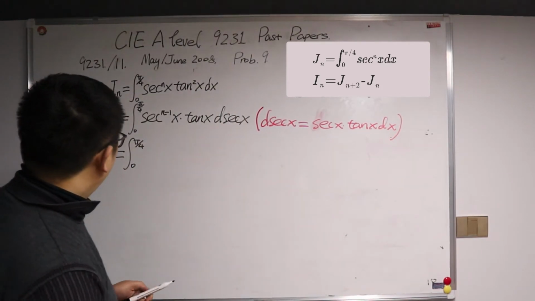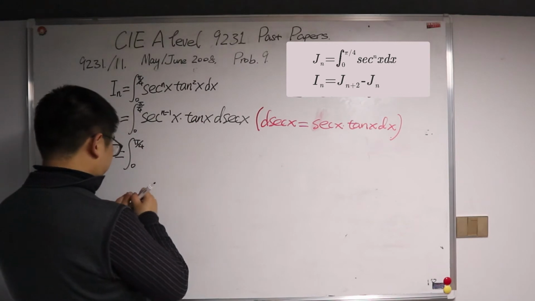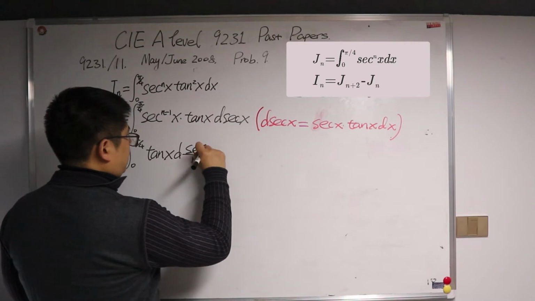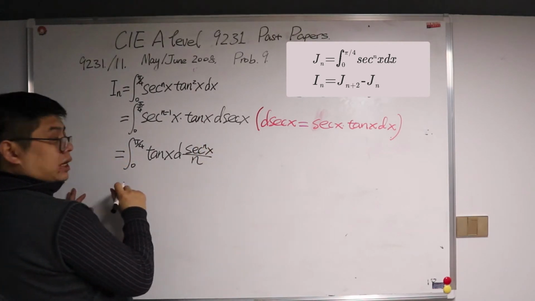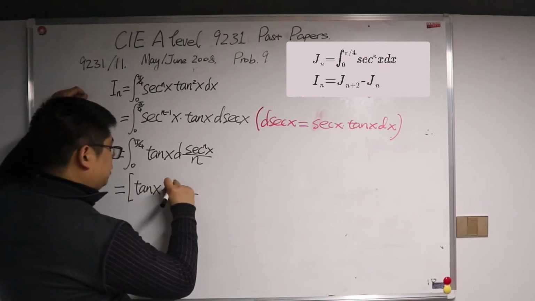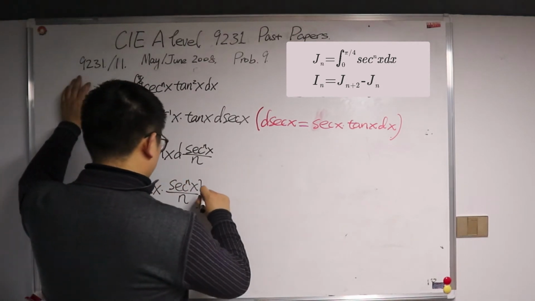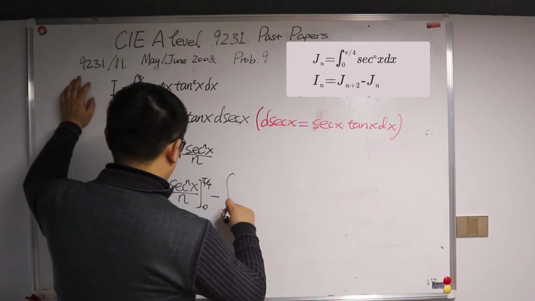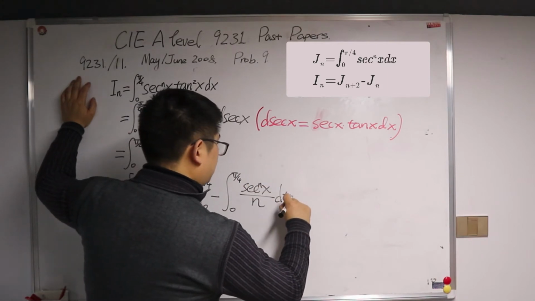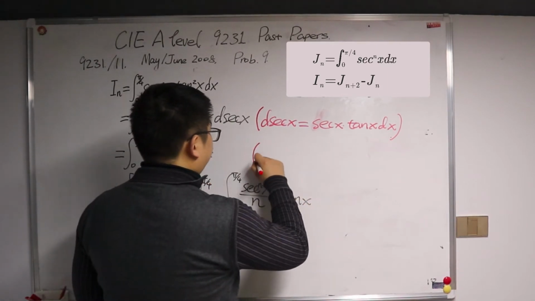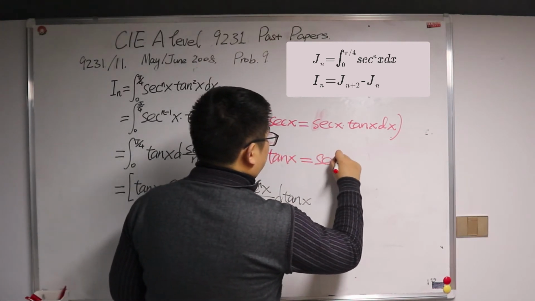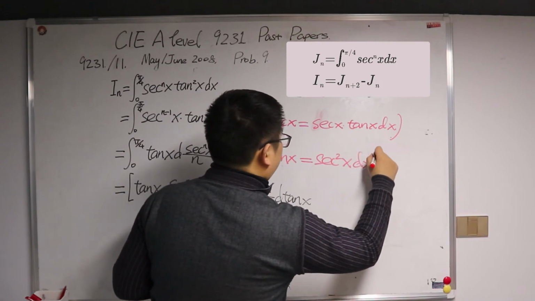By integration by parts, we have this. Please remember that the differential of tangent x is the square of secant x dx.